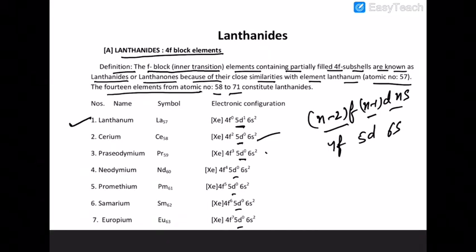Are you getting that or not? f7 and f14 are extra stable due to what? Due to half-filled and fully filled orbitals. Nice.